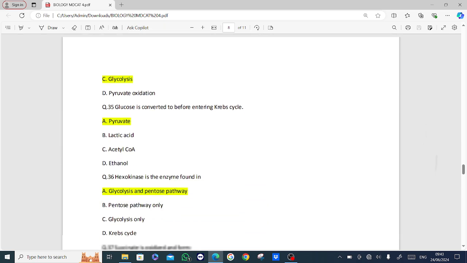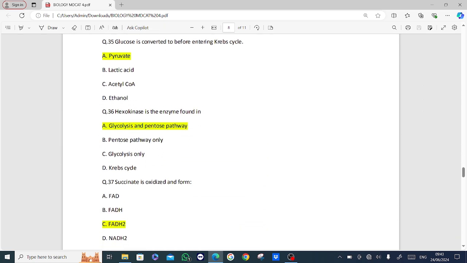Next MCQ is: glucose is converted to what before entering Krebs cycle? Options are pyruvate, lactic acid, acetyl-CoA, ethanol. Answer is option A, pyruvate.